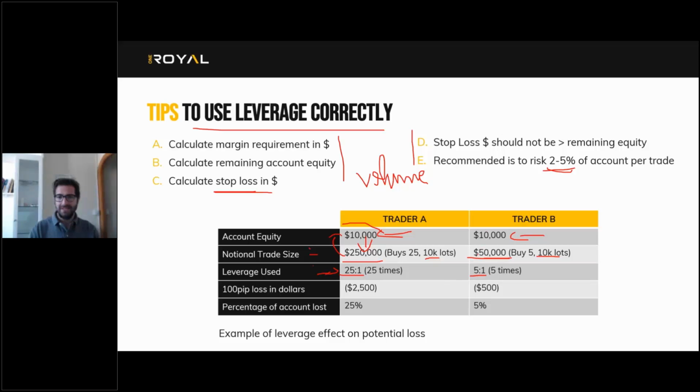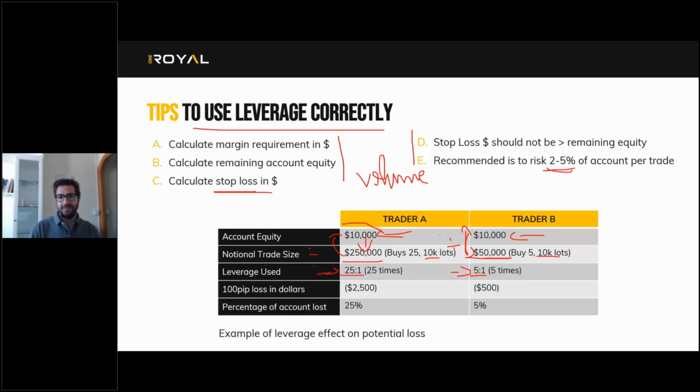Trader B has a lower leverage because he didn't open a big position similar to trader A. To trade 50K or 50,000 US dollars, he used a leverage of 5 to 1. This divided by this: 50,000 divided by 10,000 is 5 times.